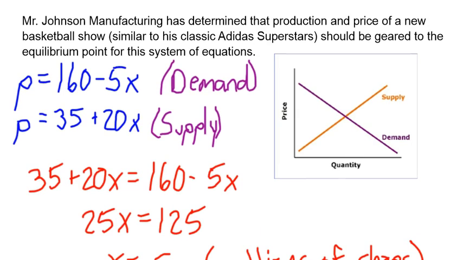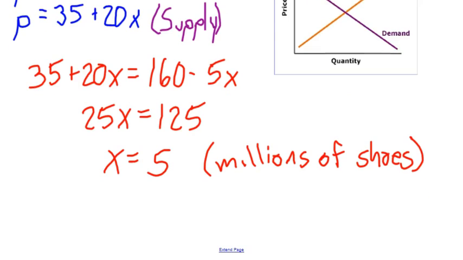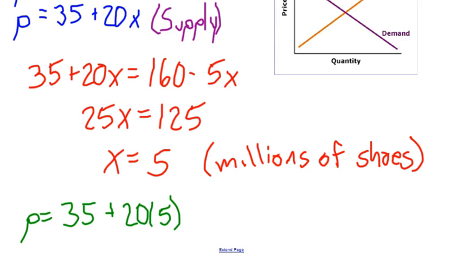Now we want to find out what the cost would be, what the equilibrium price would be. So if we plug 5 in for x into the second equation, we get P is equal to 35 plus 20 times 5, which would be 100 plus 35, $135.